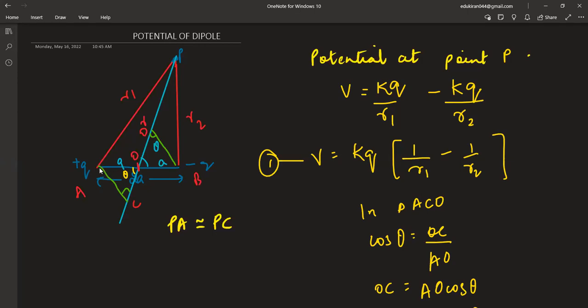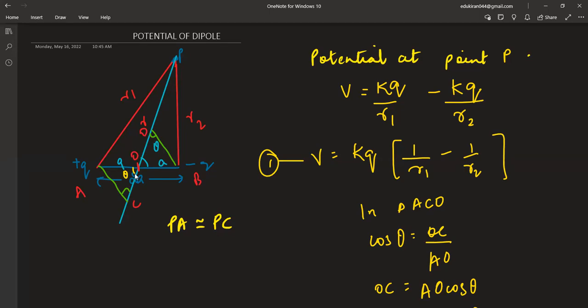This is a little lengthy derivation, but it is one that has been repeating itself every year. So just pay attention, and once you practice this, it will become easier.